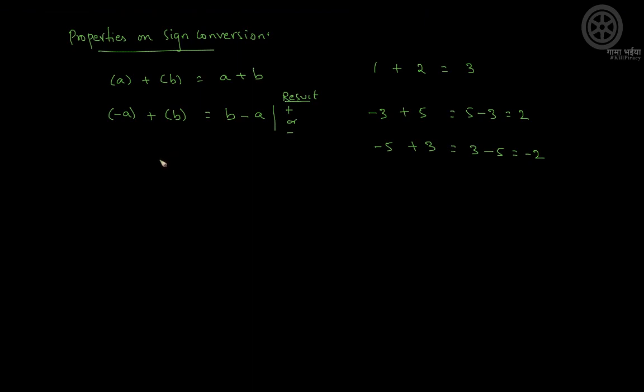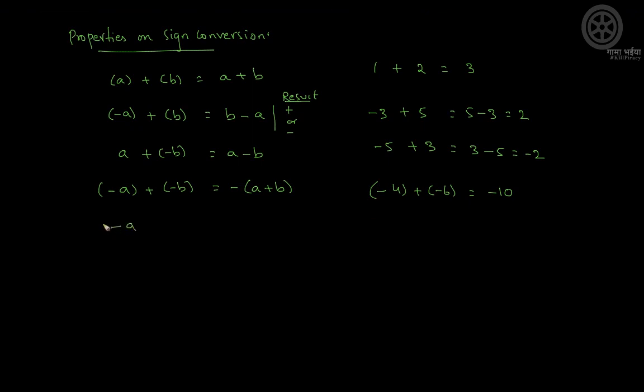Understood? Then you will have a minus b, similar to the above rule. And if both are negative, you will have minus a minus b. If it is minus 4 plus minus 6, you will have minus 10, right? Understood?